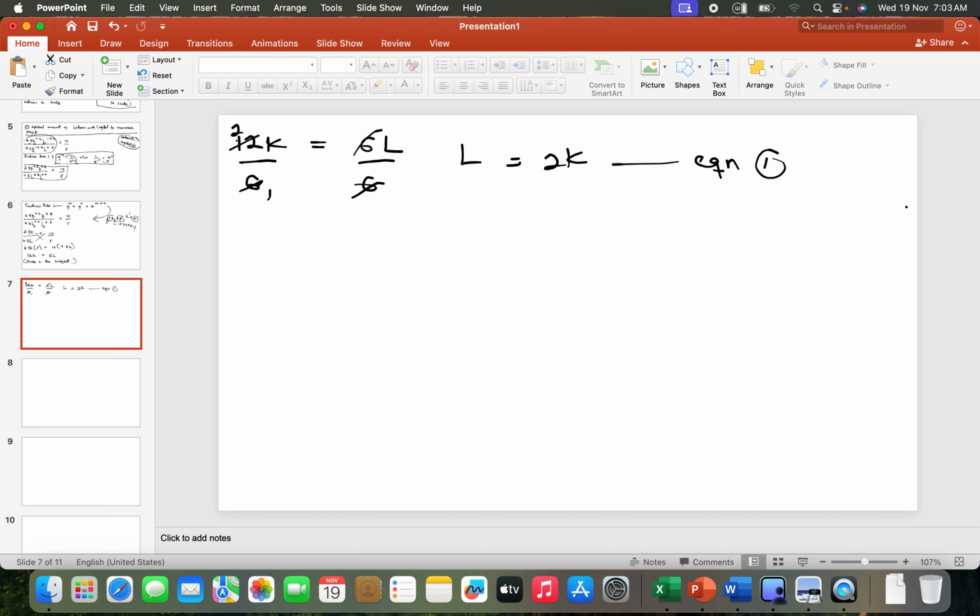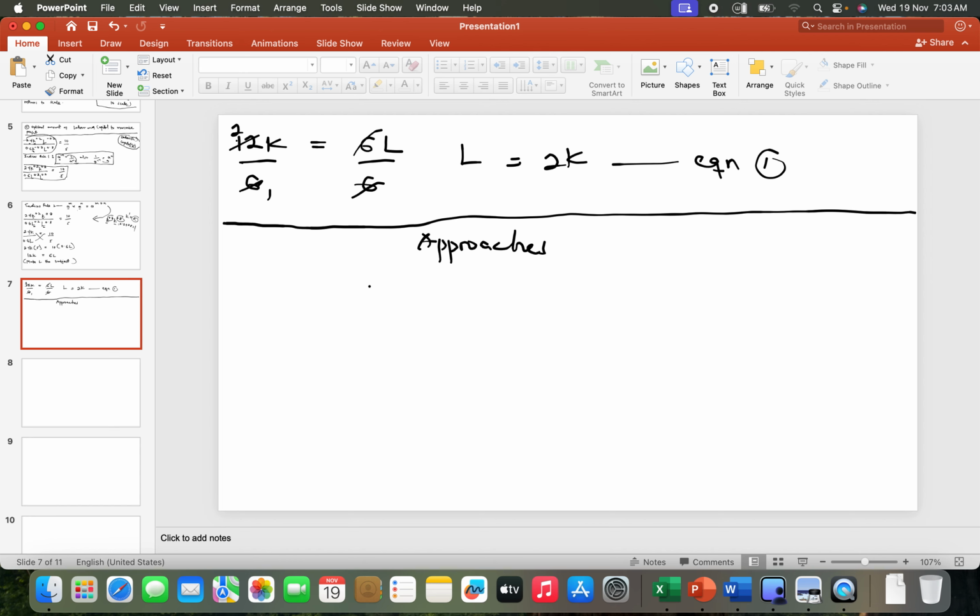Now, whenever you get to this point, you would have to pause and check the question. If the question is using, we have two approaches. I'm breaking it down for easy understanding. Approaches. We have total cost, which is the same as cost budget or budgeted cost.